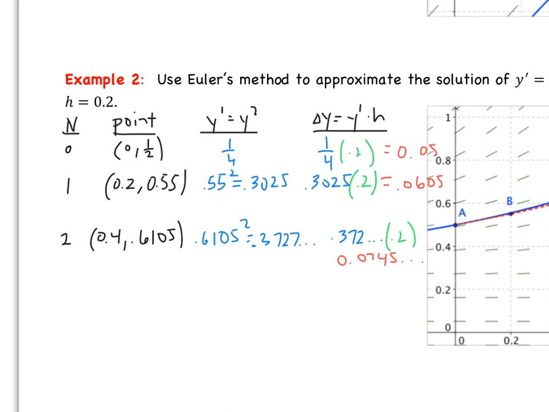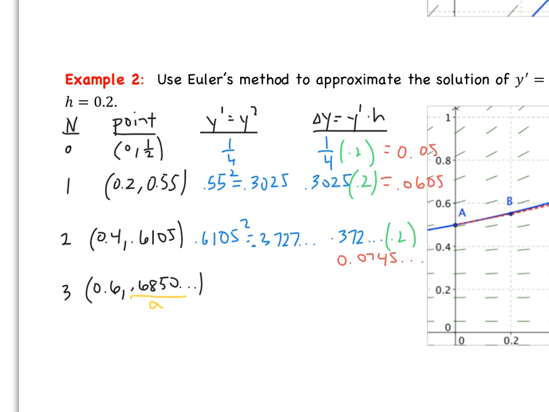As you can see, it's getting nastier. So step 3, our x value is now at 0.6. Our y value is going to be 0.6105 plus that 0.0745, etc., and we get 0.6850. What we want to do at this point is store that value as a, because we're going to be doing some other calculations.